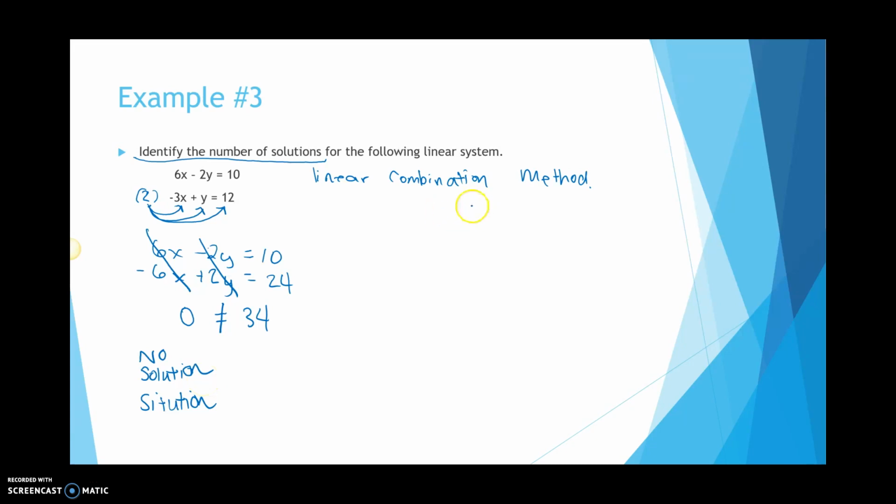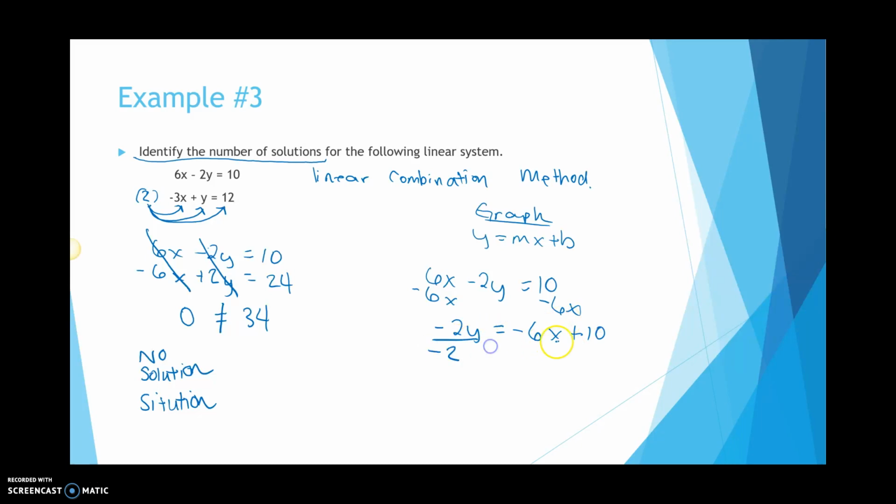So if I did set this up to graph it, I could put this in the y equals mx plus b form. We have 6x minus 2y equals 10. I can subtract 6x from both sides. Negative 2y equals negative 6x plus 10, and divide each term by negative 2.